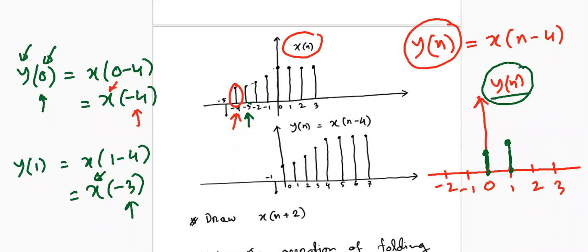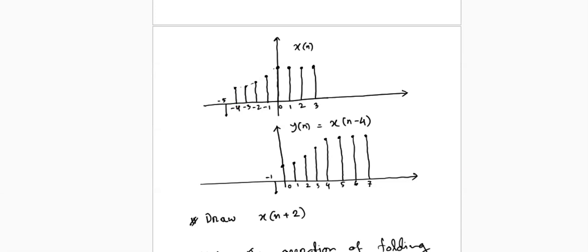If I draw the conclusion, we can write that if we have x[n-k], where k is greater than 0, that means a positive value, in which direction will the signal shift? In x[n-k], in which direction will the signal shift?